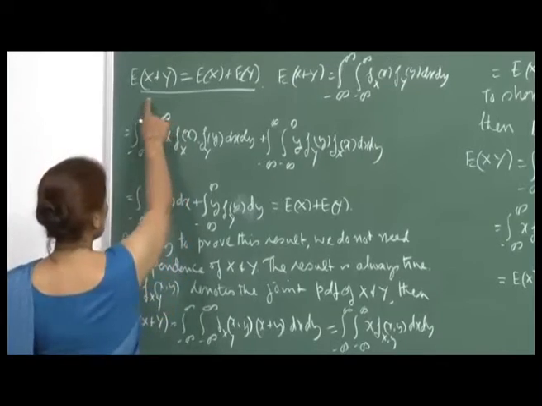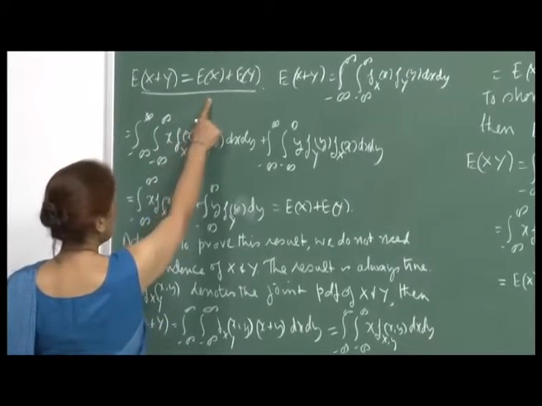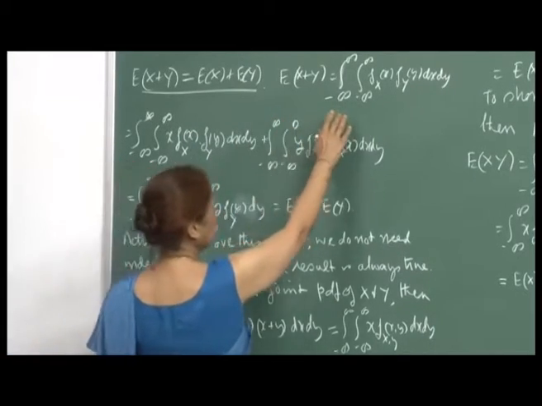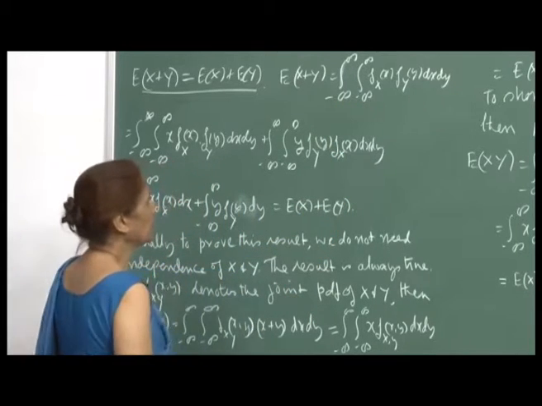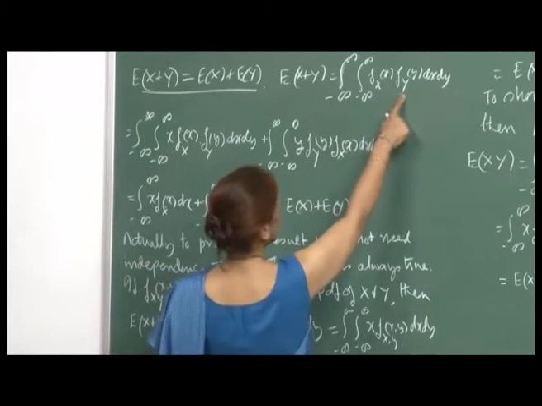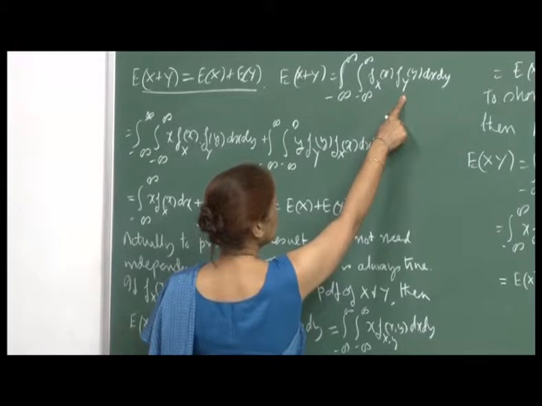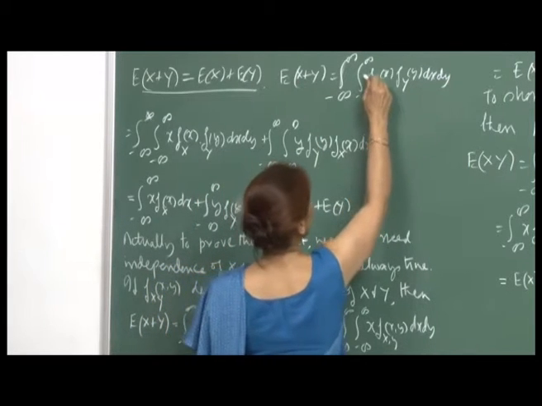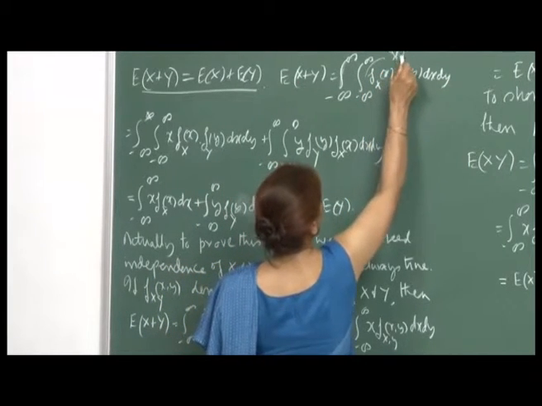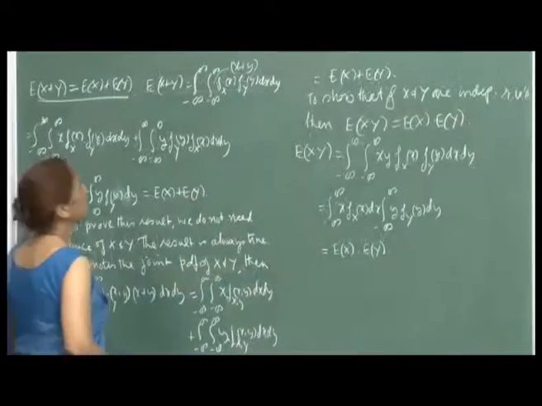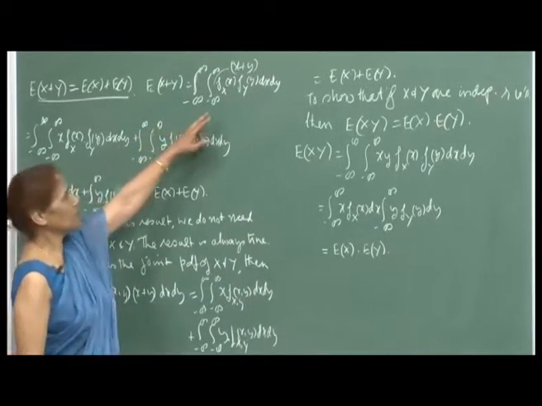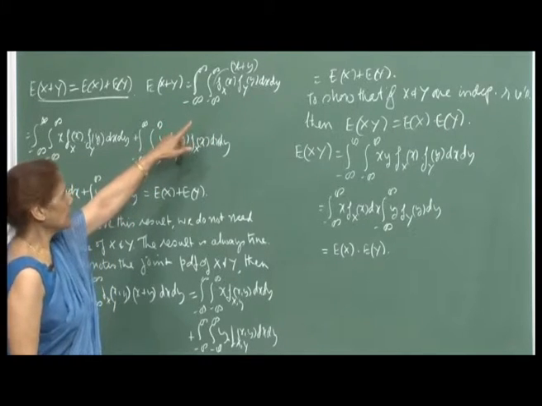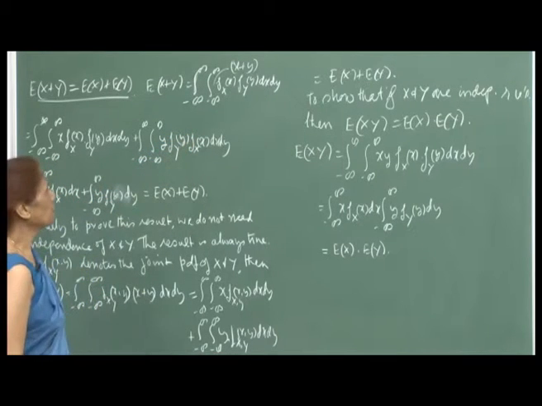Expectation of x plus y is equal to expectation x plus expectation y. Now, let us first try to show this under independence of x and y. Then I can write the joint density function as the product of individual density functions, so E of x plus y is the integral from minus infinity to infinity, minus infinity to infinity, of x plus y into f_X(x) into f_Y(y) dx dy.